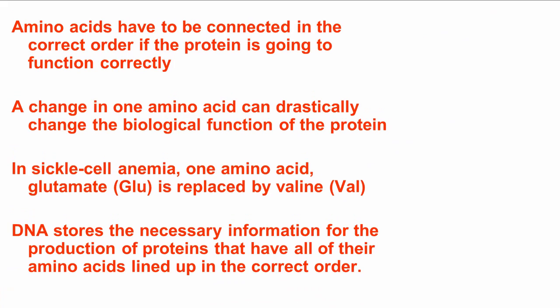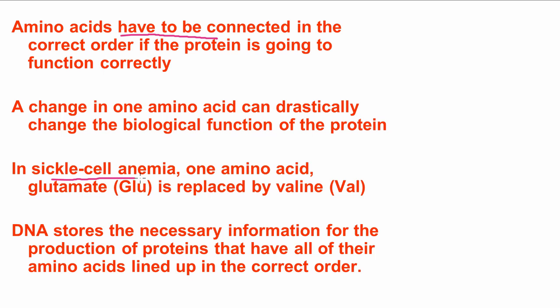Now, I will tell you, amino acids have to be connected in the correct order if the protein is going to function correctly. So that is very, very important. A change in just one amino acid will change the biological function of the protein. In other words, it will not function the way that it's supposed to.